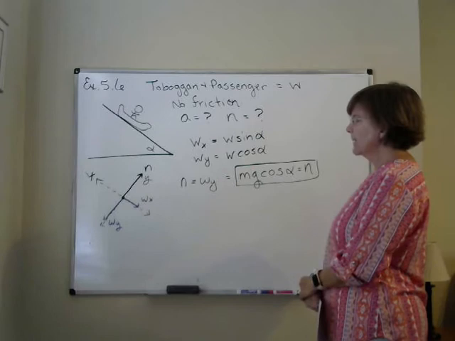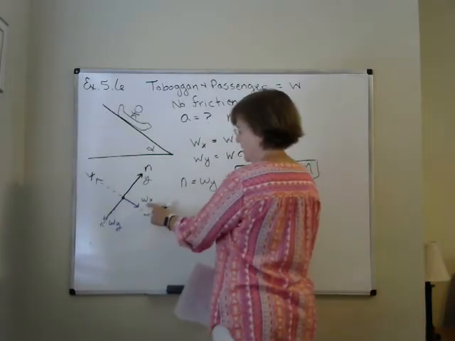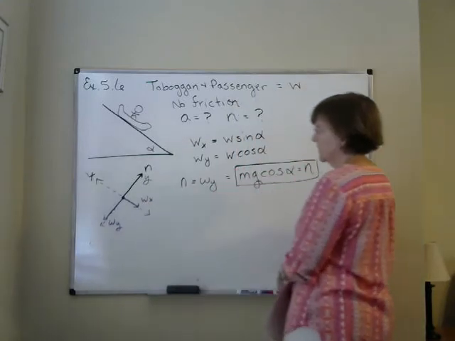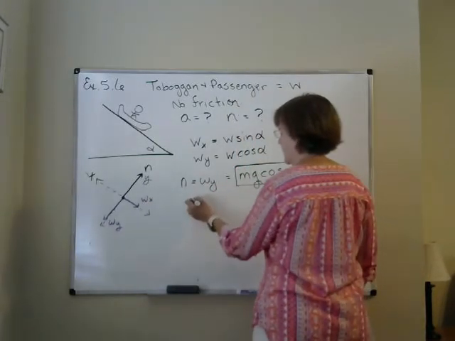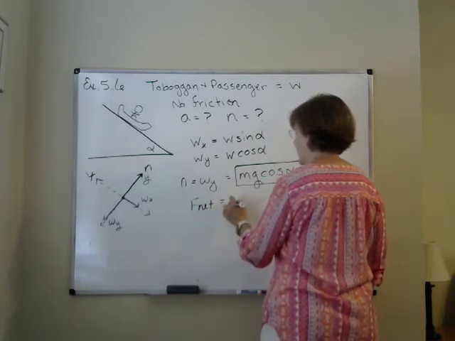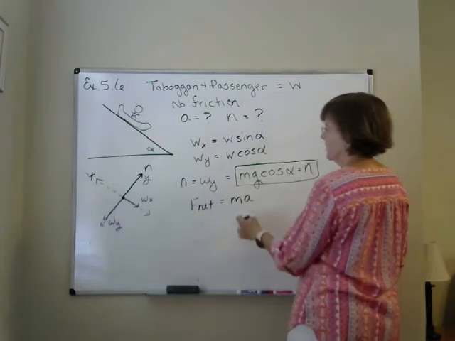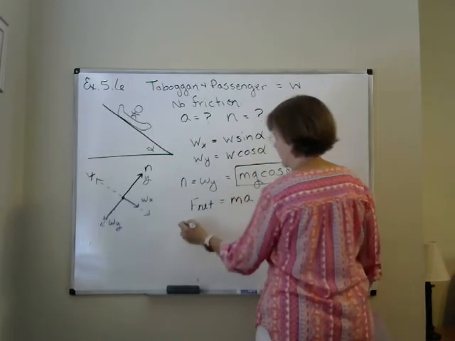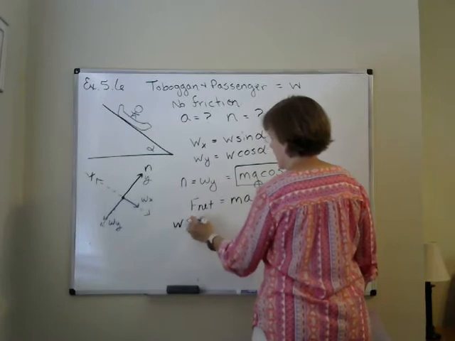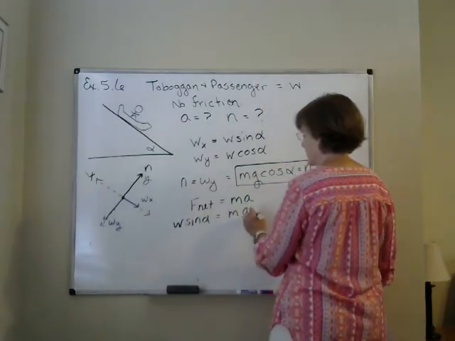All right, what about acceleration? Well, you can see that there's no friction, so there's nothing opposing Wx. So if we go with the net force equals mass times acceleration, well, the net force is Wx, or W sine alpha equals mass times acceleration.